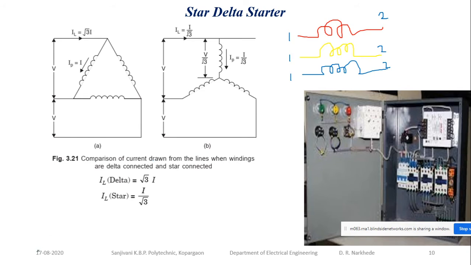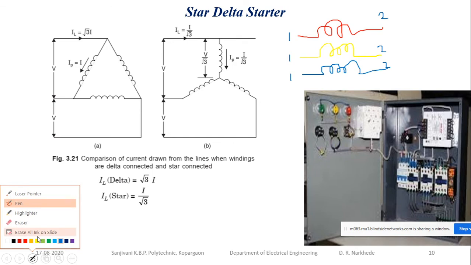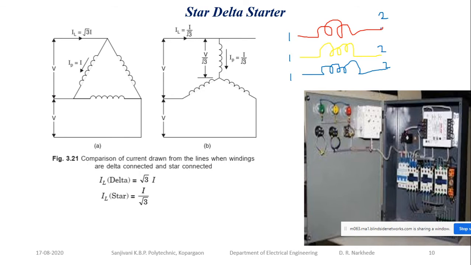Okay, so star connection means what? When all the similar terminals are connected together, then that is called a star connection. So here I connect all the terminals together. This point is called the neutral point, or this point is called the star point. So this is a star connection.